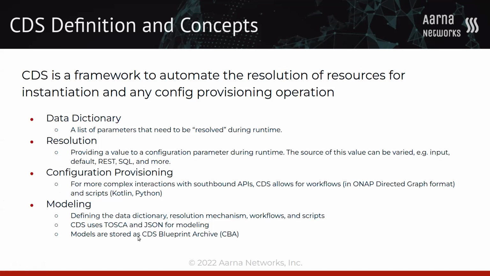CBA is called CDS Blueprint Archive. In the CBA we will have the data dictionary, the resolutions, all these scripts, everything would be part of the CBA. Then we deploy and enrich this CBA into the CDS, and at runtime we can access this CBA.